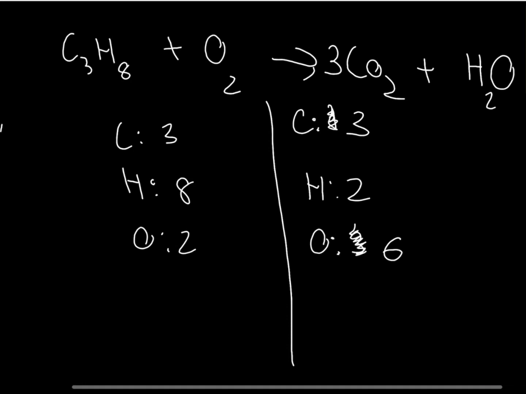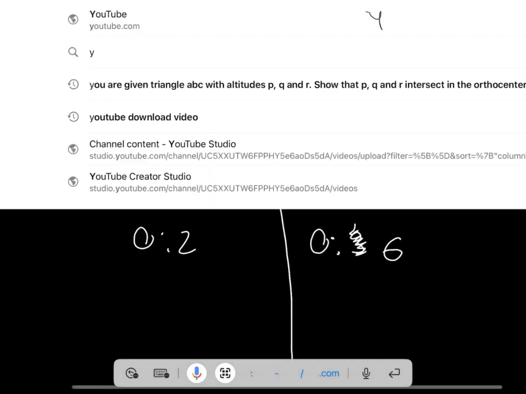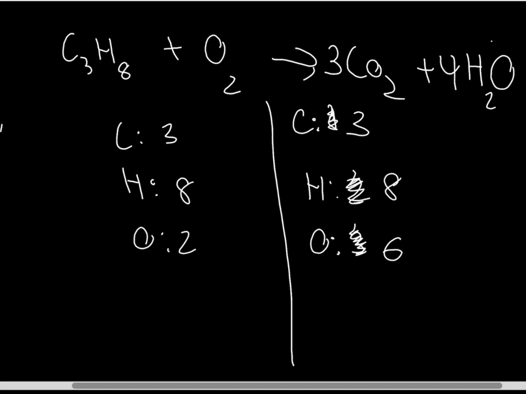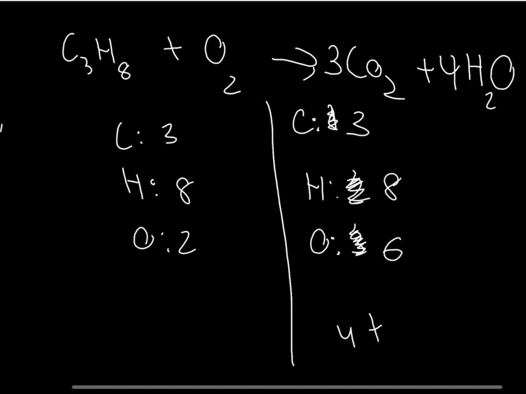So now we have to balance our hydrogens. In this case, 8 on this side divided by 2 on this side gives us the coefficient of 4. So now we have 8 hydrogens. But the problem is that now, while distributing this, we have 4 oxygens, plus our 3 times 2, which is just 6.